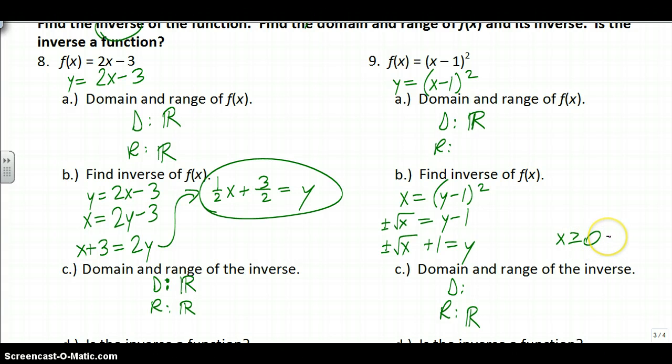You can't go any less than 0, otherwise you'll end up in imaginary territory, and you don't want to do that. Okay? So there's your domain. Not much to solve for there. So that means the range is y is greater than or equal to 0. Make sure you switch that. And that makes sense, too, because you can't get any y values smaller than 0 out of squaring something.